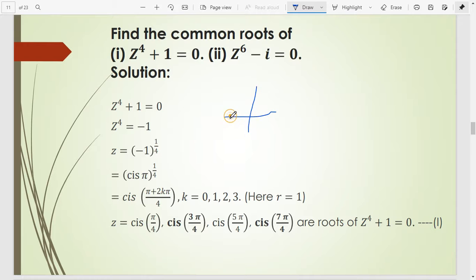Minus 1 is here, so the angle with the positive x-axis is equal to pi. So theta is equal to pi. So cis (pi plus 2k pi) upon n, where n is equal to 4, so the value of k is equal to 0, 1, 2, 3 and r is equal to 1.